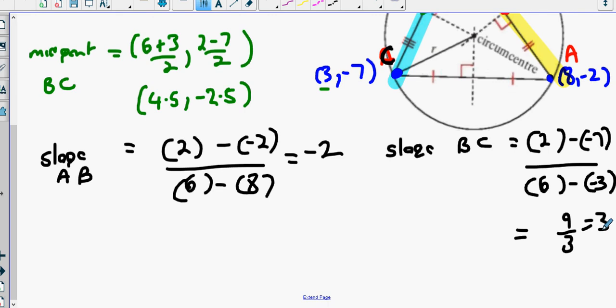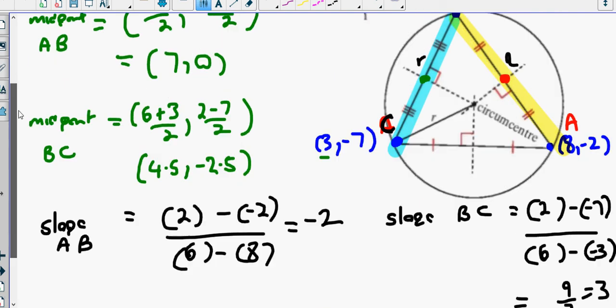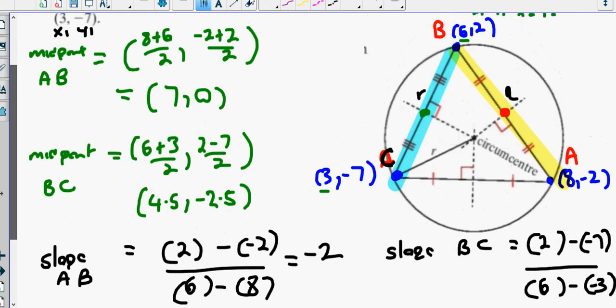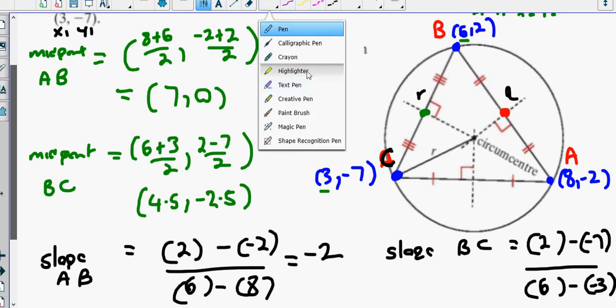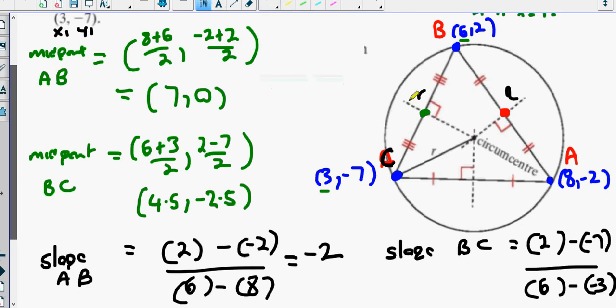Yeah. Now, I've effectively set up this now. If I turn these slopes upside down and get the perpendicular slope, and I manage to find the equation of a perpendicular slope to BC that goes through the midpoint, I essentially have the pink line there.